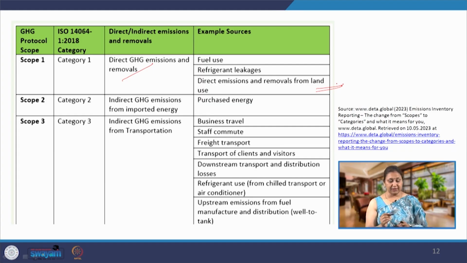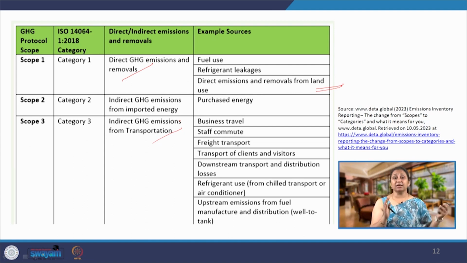So, what we have here is category 3, where we are talking about indirect GHG emissions from transportation. So, all the business travel, staff commute, freight transport. So, we have seen all the indirect greenhouse gas emissions resulting from transportation of goods, of people, of services is going to come into this category 3, which is going into our scope 3.